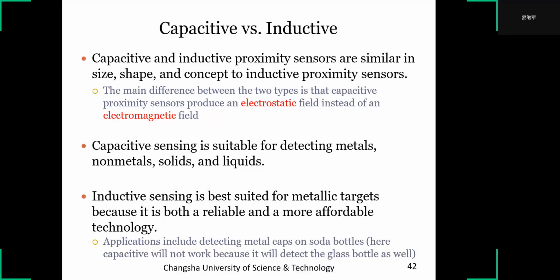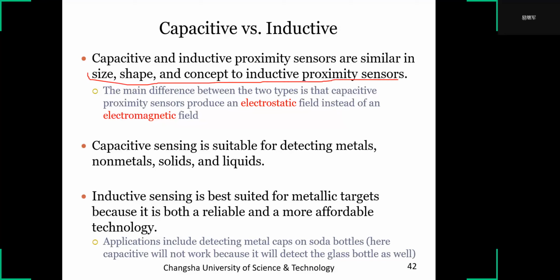Capacitive and inductive. Capacitive and inductive proximity sensors are similar in size, shape, and concept.